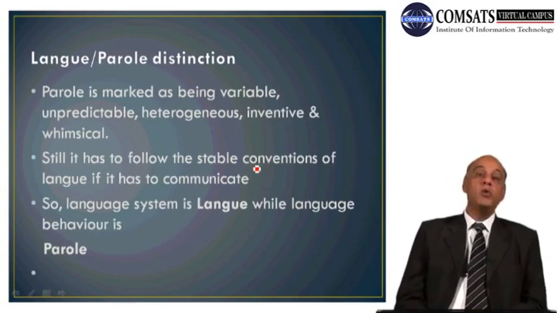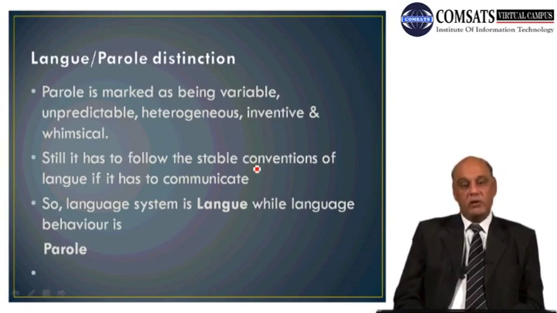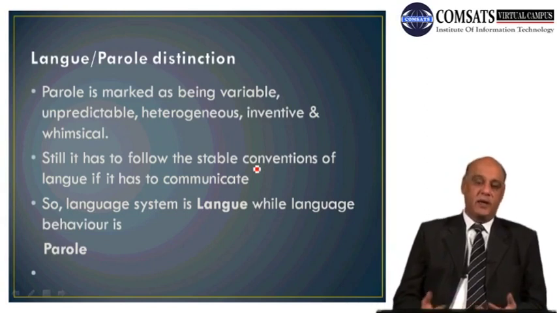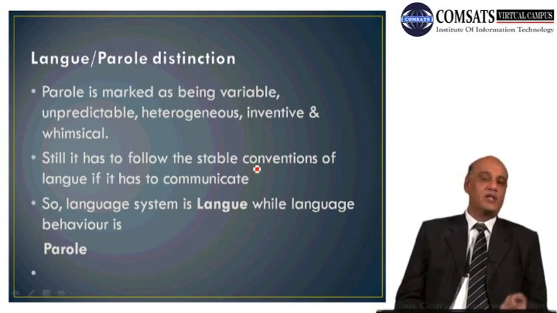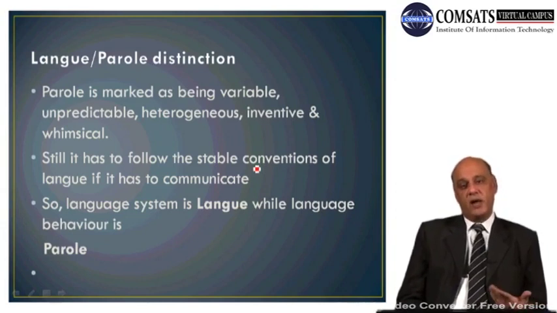Now, parole is basically marked as being variable, unpredictable, heterogeneous, inventive, and whimsical. All these different terms revolve around one thing: parole can change. You might find different sentences, different kinds of language with different people.